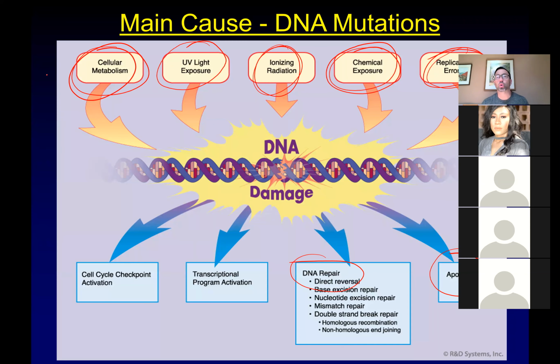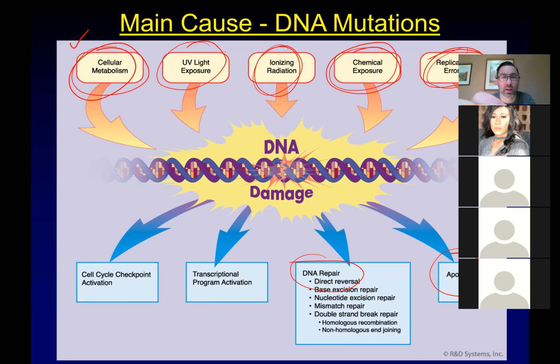So either one of those things can lead to cancer. And the source of those genes getting either turned on or where the off switch doesn't work is going to come from a mutation. And those mutations can come from a host of different places. There's going to be cellular metabolism, so the generation of oxygen free radicals and things can do this. And then exposure to different kinds of radiation.